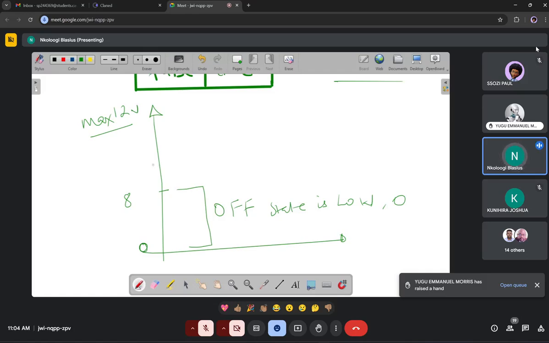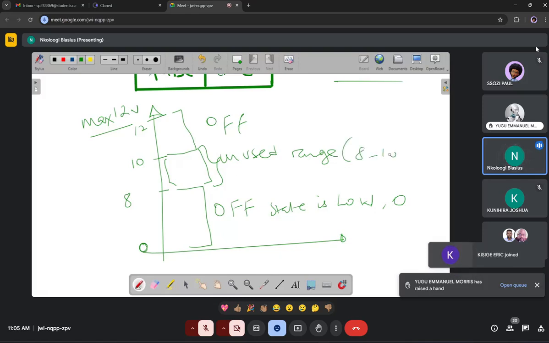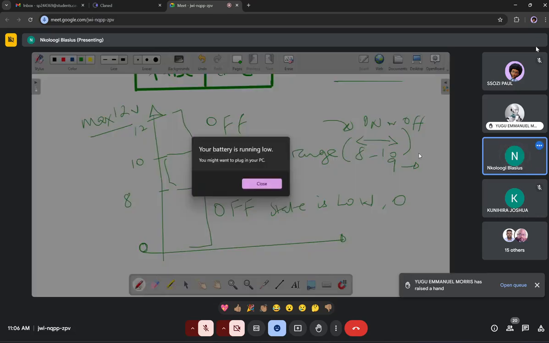And then he sets maybe between 10 to 12, this circuit is going to be on. But then there is this unused range, from 8 to 10. As long as the signal goes into this range, the circuit won't know whether to switch on or off. So if you leave it like this and you don't use it, you are letting your circuit think for itself. Sometimes it could go on even when the voltage is 9, but another time it can go off.